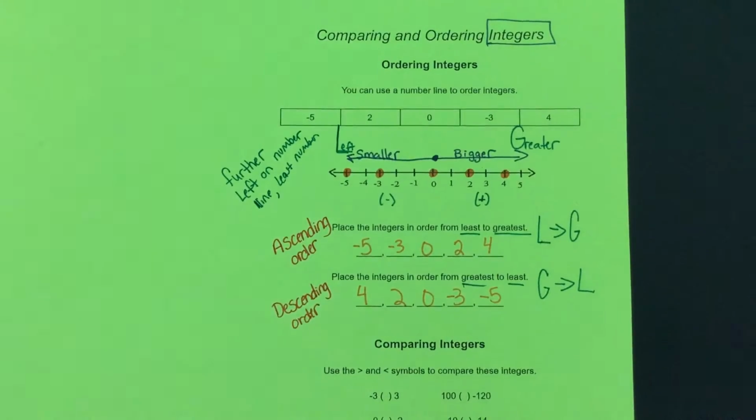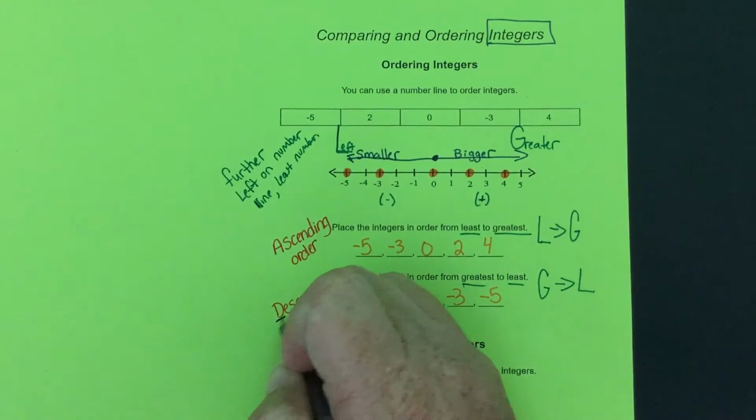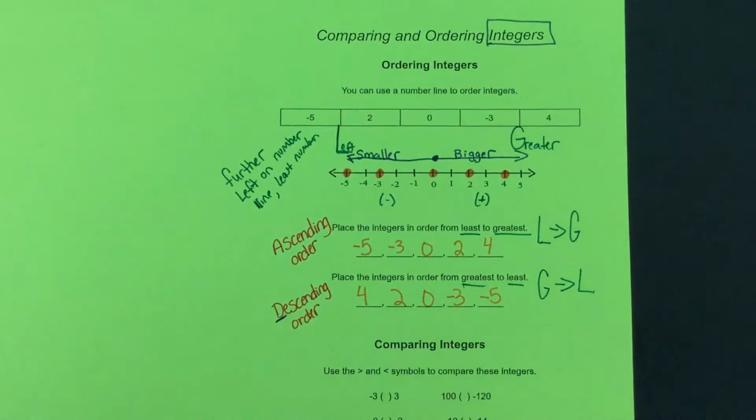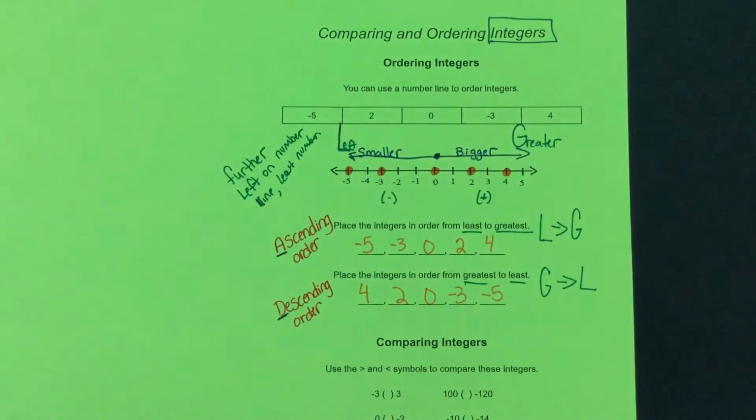I sometimes get mixed up with which one's ascending and which one's descending, so this is how I remember it. Descending starts with what letter? D. Going down starts with what letter? D, right? A for above or air, right? Because I always think of planes when I hear ascending and descending.